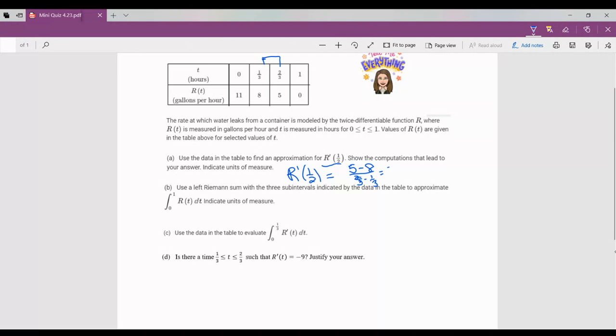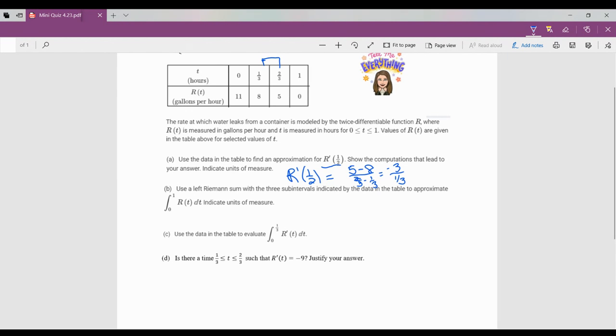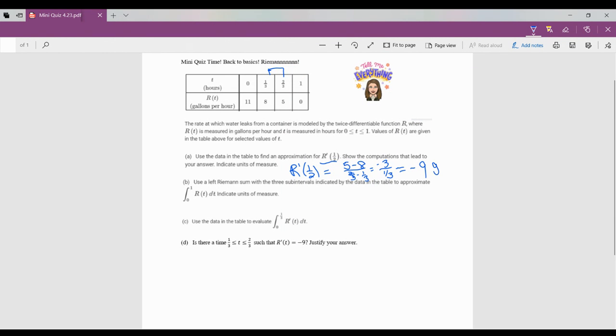So we've got -3 over 1/3, and that's the same as multiplying by the reciprocal, so -9. And then we have gallons per hour divided by hour. That's going to be gallons per hour squared.